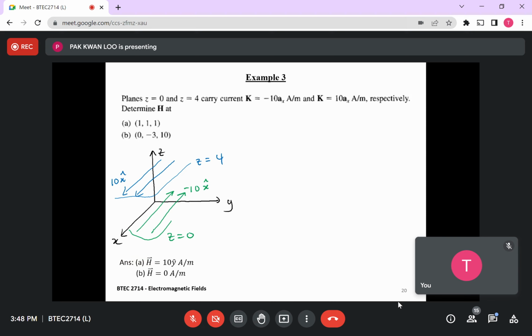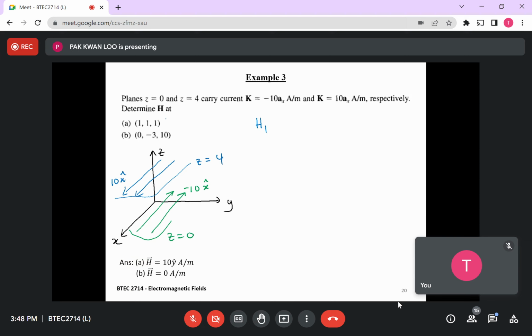So let's say for the magnetic field contributed by the current pointing in the negative x direction, I make it H1.